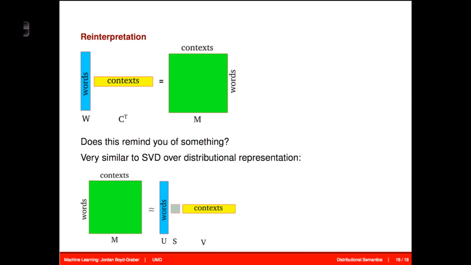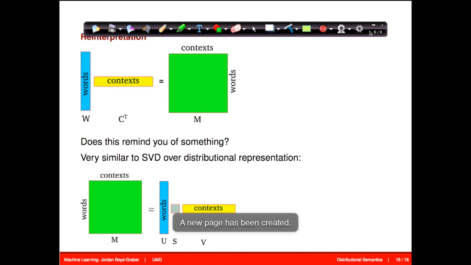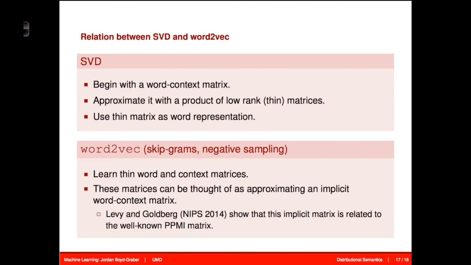This looks a lot like if you took the word context matrix and ran an SVD on it. Both of these matrices are really skinny compared to the underlying dimensionality of the data, and if you just throw in a small d by d matrix S in the middle of it, this looks exactly like an SVD on your data. And you can show that Word2Vec is doing a similar decomposition of the data.